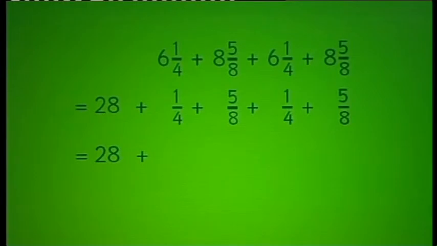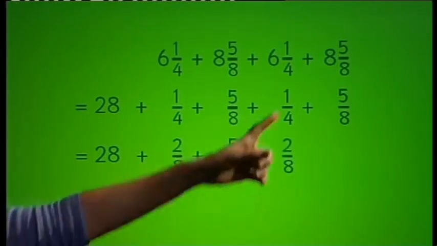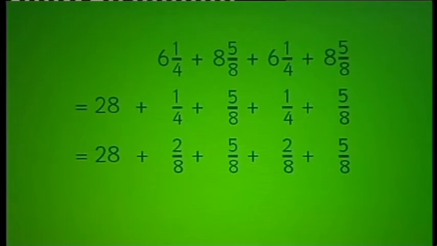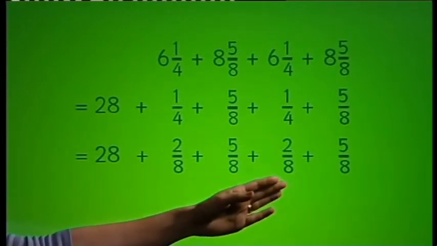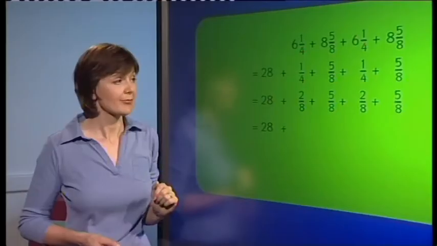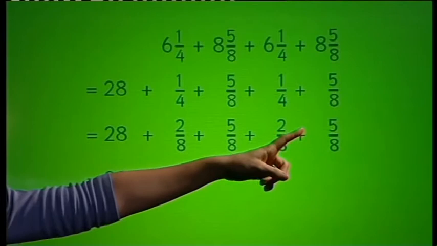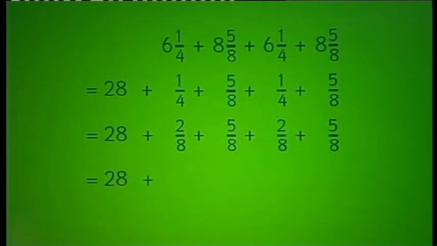So 1/4 is 2/8, 5/8 is 5/8, another 2/8 here, and another 5/8. Now that the fractions are all eighths, we can add them all up and add them to the 28. So 2 plus 5 is 7, plus 2 is 9, plus 5 is 14. So to add to our 28, we have 14/8 altogether.